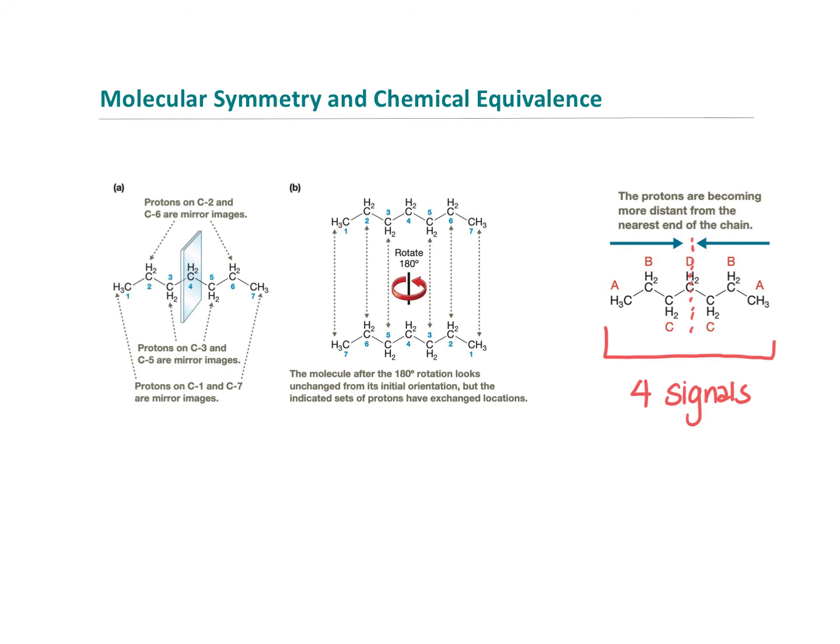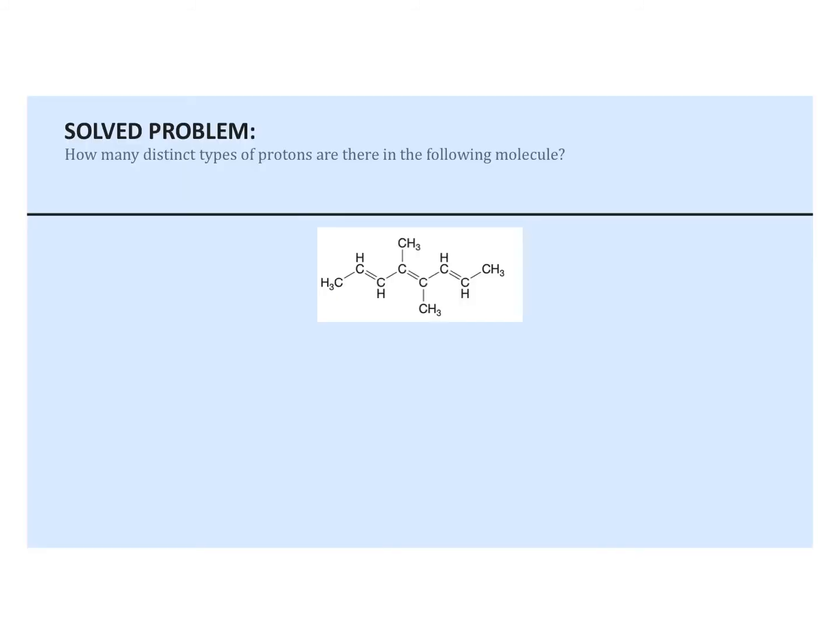And so let's look at another example. So this example says, look, how many distinct types of protons are there in the following molecule? And so I, of course, really love to look for symmetry. Now, when we look at this, if the symmetry is hard for you to see because of how it's written, you are always more than welcome to rewrite it. And so that's what I'm going to do right now.